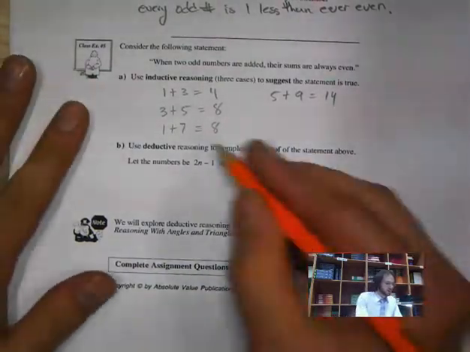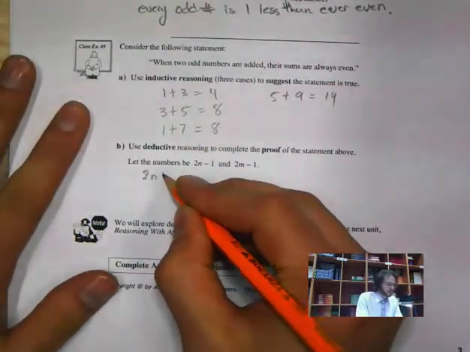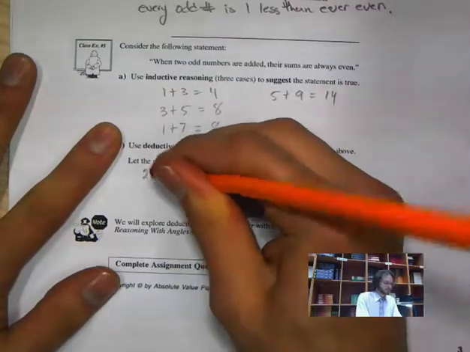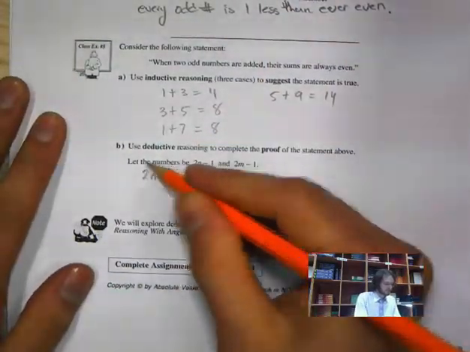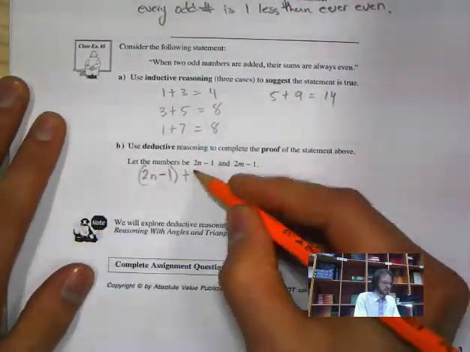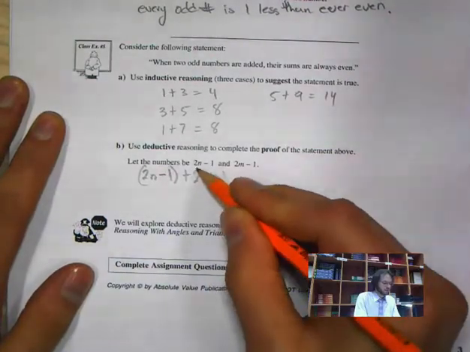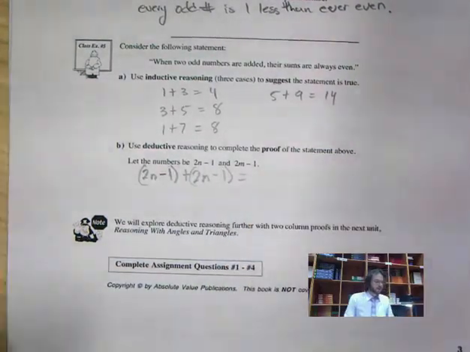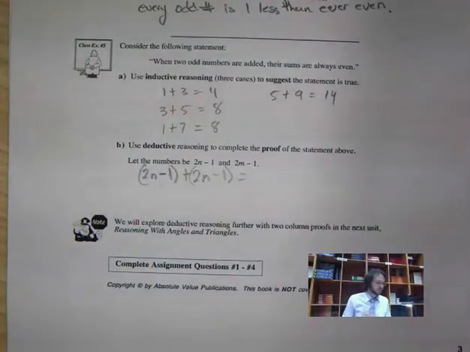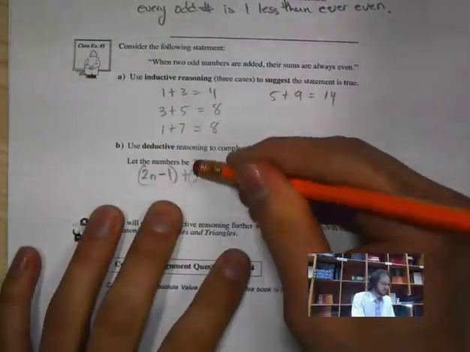So 2 odds. If I have 2n minus 1, and we want to add that to 2m minus 1, it will give me an even number.